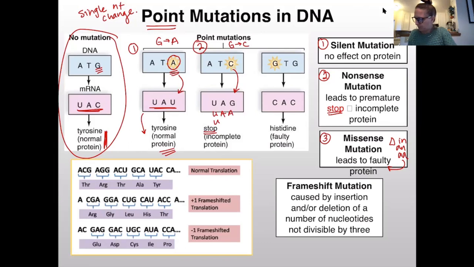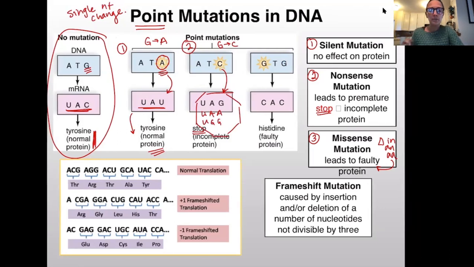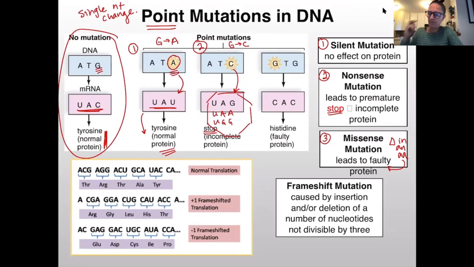Or UGA. So those are the three stop codons. If you have one of those codons, that will cause a stop when you get to the ribosome. All right, so you would have an incomplete or truncated protein, right?